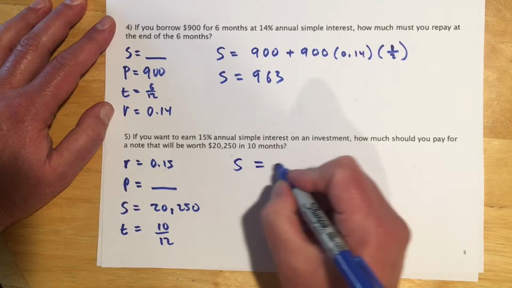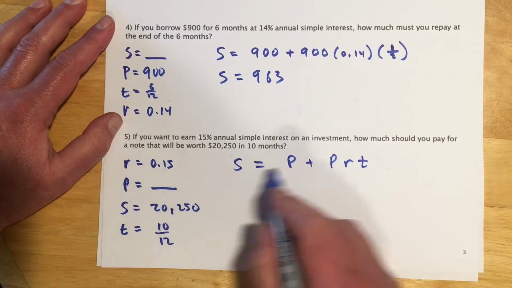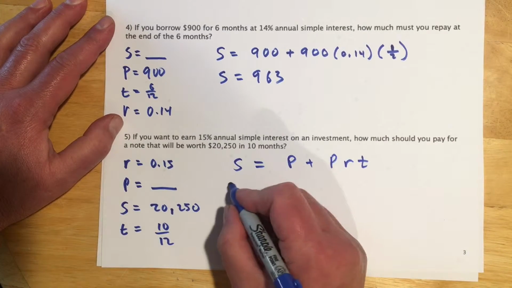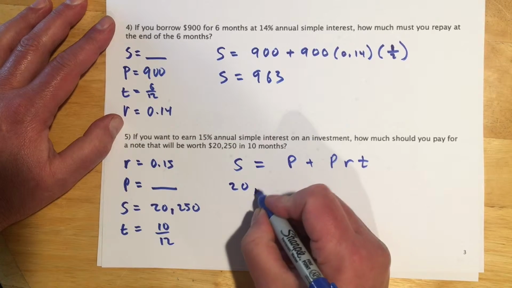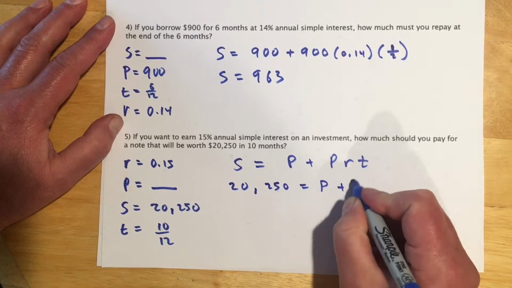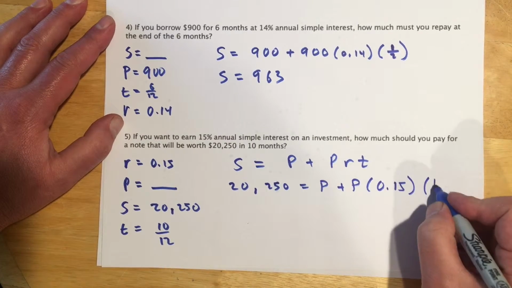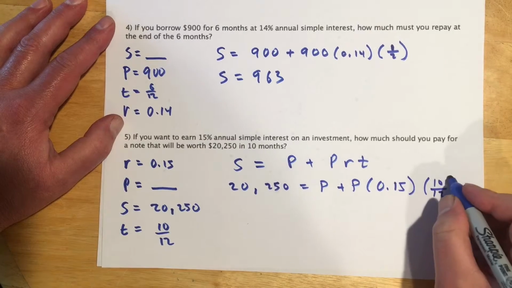And so again, we have S equals P plus PRT. And we're solving for P this time, so we'll put in the 20,250 and 0.15 times 10 over 12.